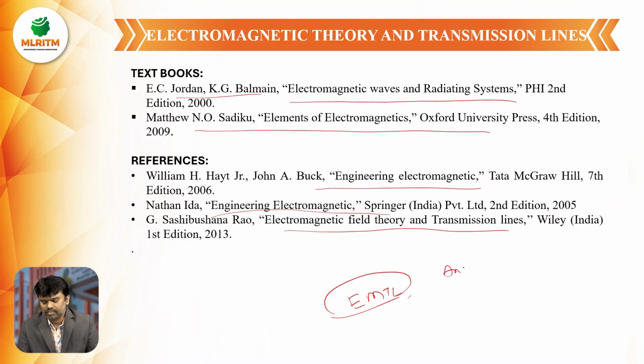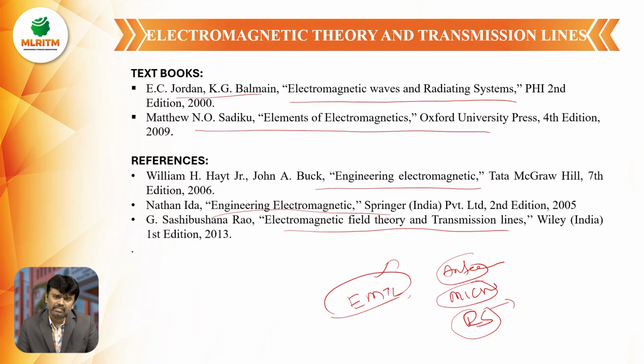This Electromagnetic Theory and Transmission Lines, EMTL, is the starting basic course to understand the courses of Antennas and Wave Propagation, Microwave Engineering, and Radar Systems. By learning this course, we will get some knowledge. That knowledge will be useful in understanding those courses and the various applications of antennas, microwaves and radars.